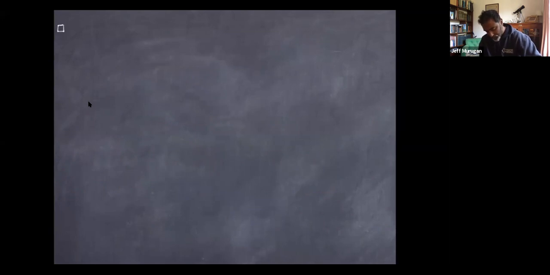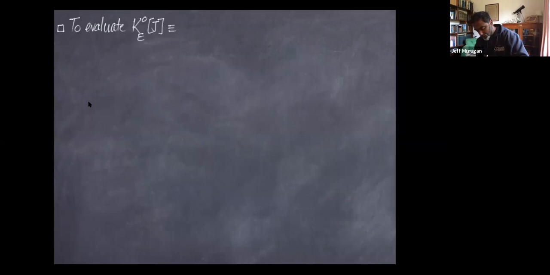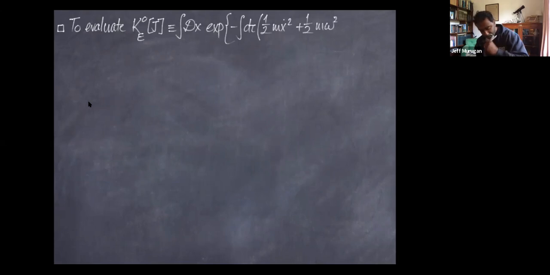So to evaluate K_E^0 of J, which is the path integral over x of the exponential of minus integral d tau, a half m x dot squared plus a half m omega squared x squared minus J x.